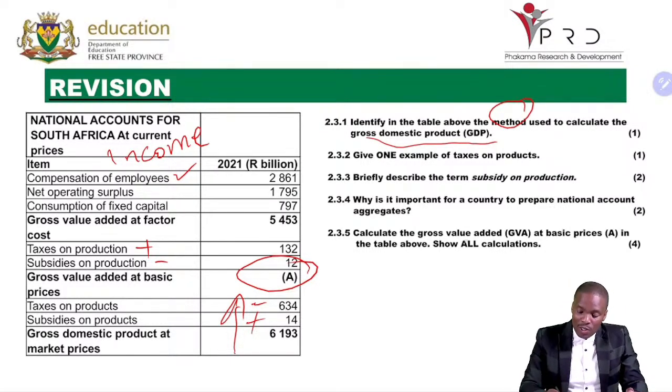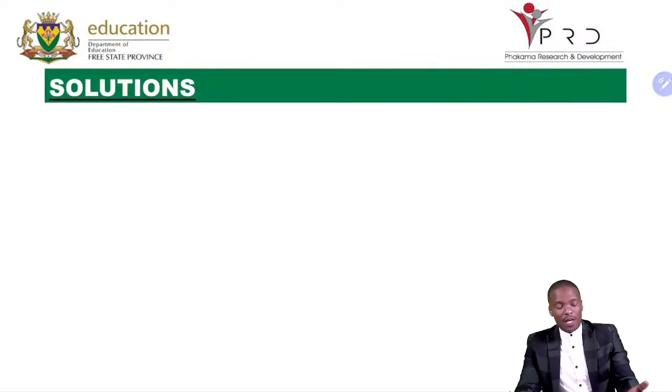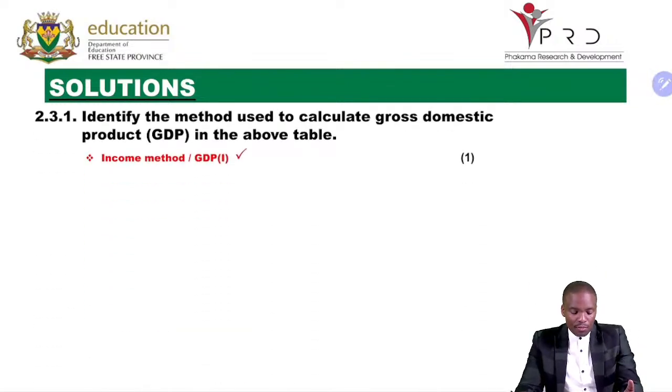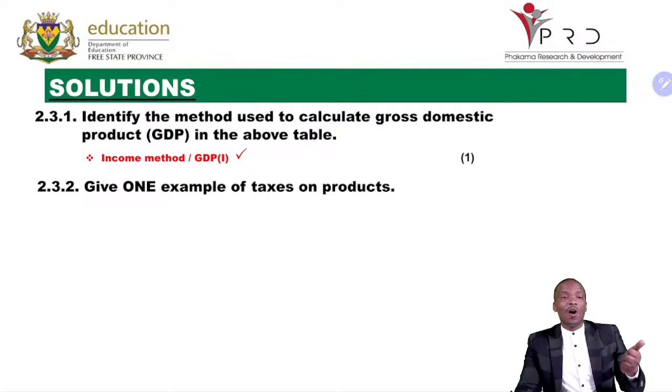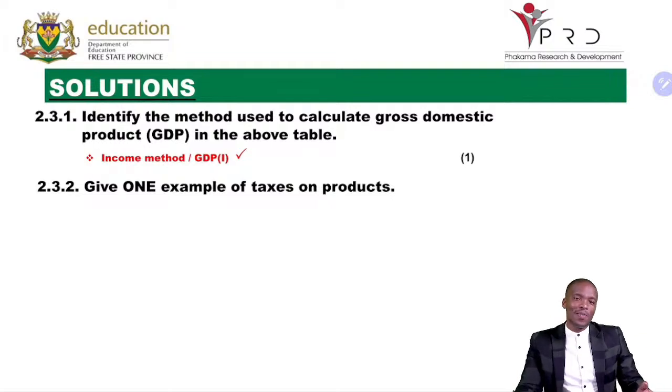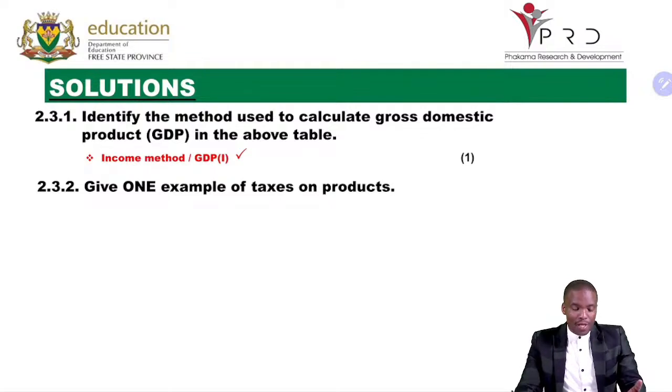So I'm more focused on the issue of calculations here, grade 12s. Okay, let's look at those questions. It's an income method. Then the other one, we know that it's the production method. How do we see the production method? By the 3 sectors of the economy. Then the other method is the expenditure method, where you see final consumption by households, government, as well as businesses through fixed capital formation.